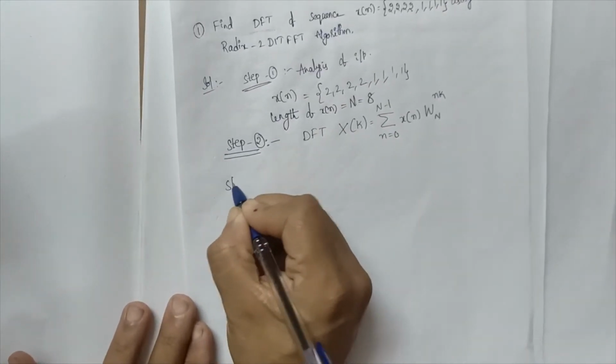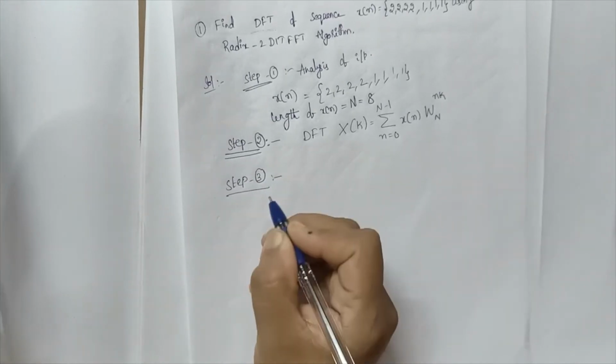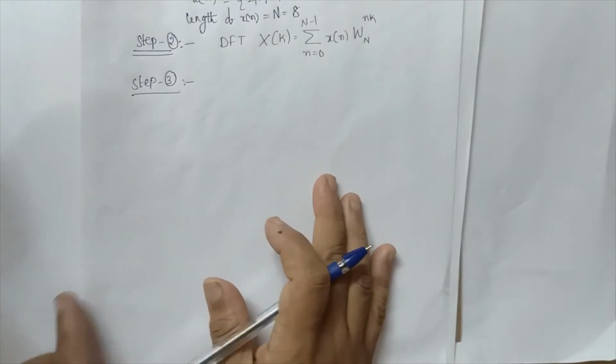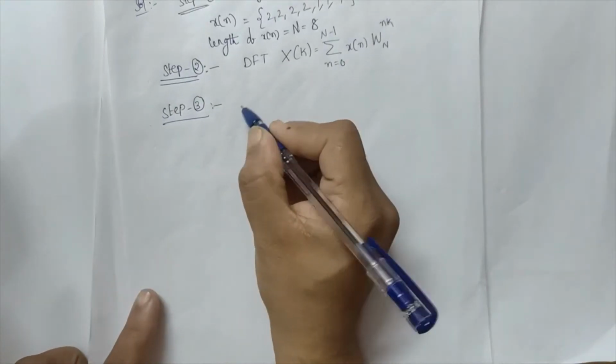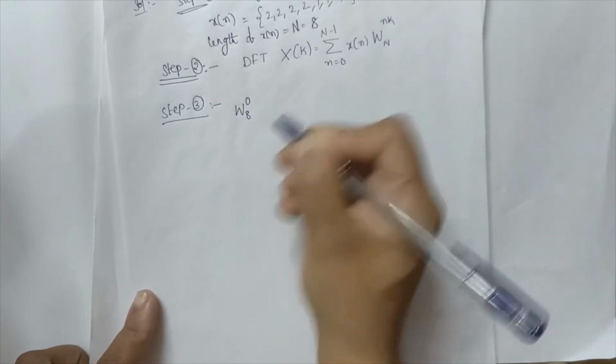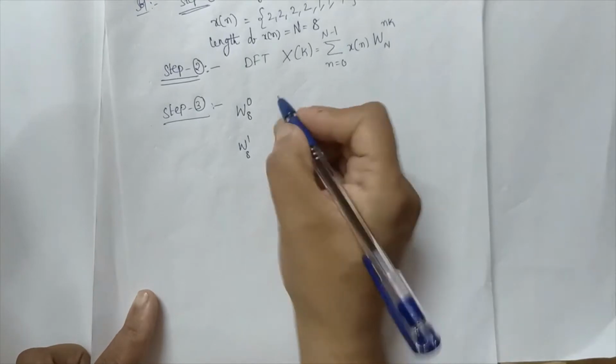Next, step 3, we have to find twiddle factors. So we have omega 8 power 0, omega 8 power 1, omega 8 power 2, omega 8 power 3.